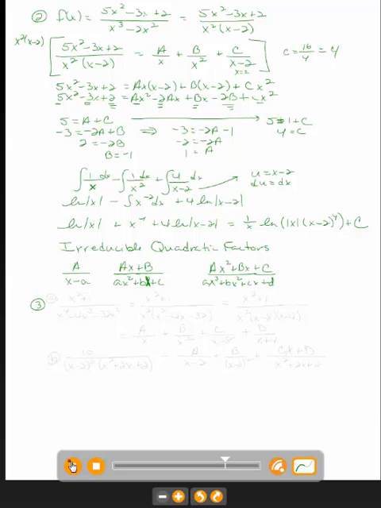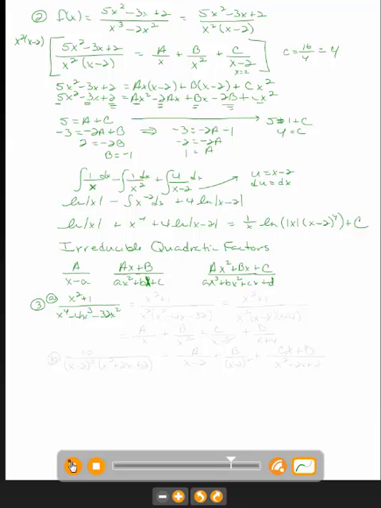Example 3 wants us to set up the partial fractions, give the appropriate form, not necessarily actually finish the problem. So part A says we have x squared plus 1 over x to the fourth minus 4x cubed minus 32x squared.